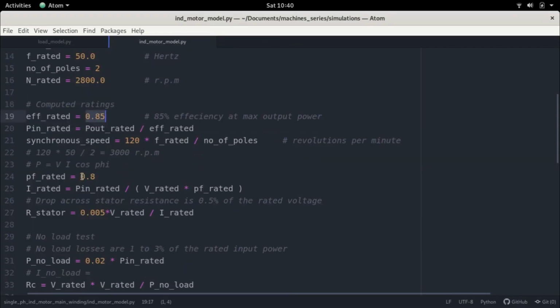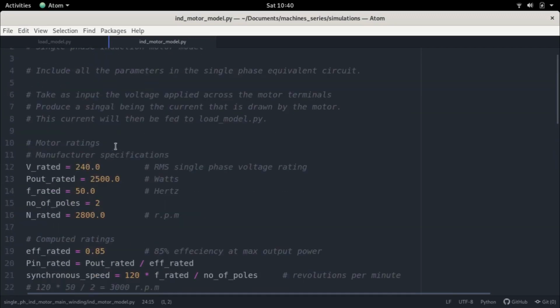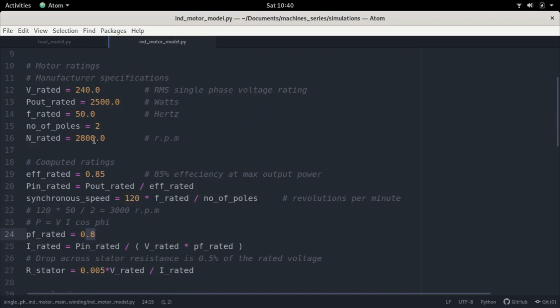Assume a different power factor at rated power. So instead of using 0.8 power factor, choose 0.75, 0.86 or 0.88, whatever you want, right? These are things that I would always suggest you go ahead and try out. And later we can even look at number of poles being greater than 2. So we have multiple poles in the machine.